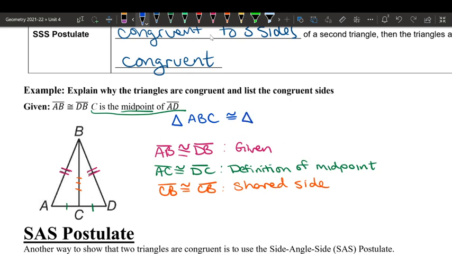So now I have to match up A, which goes with D, so D. B goes with B, and C goes with C. It's a really ugly D. So triangle ABC is congruent to triangle DBC, and that's why, by the side postulate, so by SSS. That is how I know.